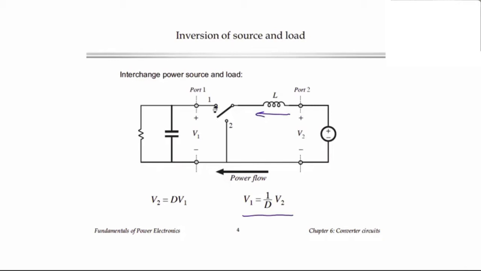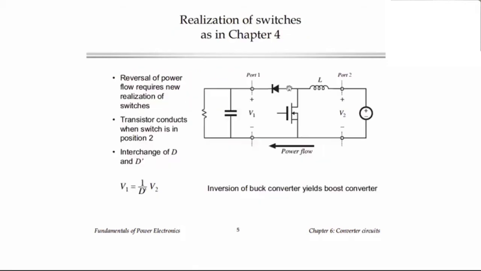As a result, we have to look carefully at how we realize the switches. Back in the previous chapter, we introduced a formal way to realize the switches, and if we apply that process here, what we find is that we have to put a transistor from the switching node to ground, and we have to put a diode from the switching node to port 1, which is quite different than what we had to do in the buck converter when the current flowed the other direction.